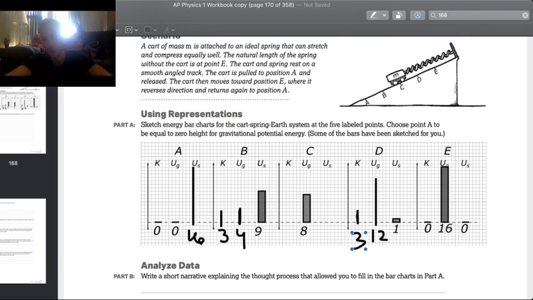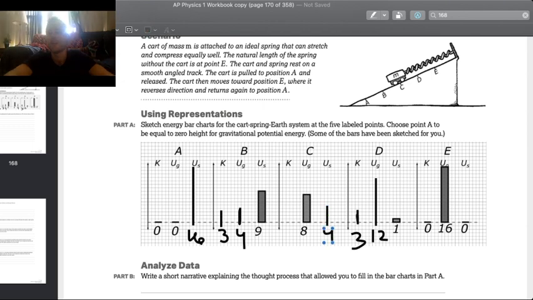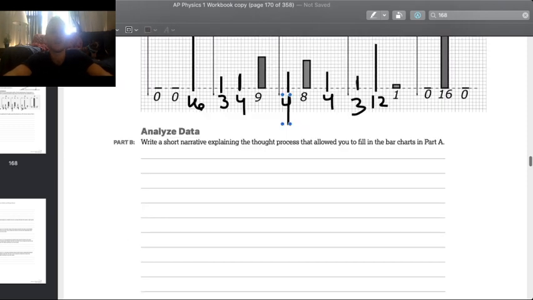So 4 times 1 is just going to be 4. So the amount of elastic potential energy is 4. And then the remainder of the energy is going to be kinetic. So that would also be 4 of kinetic energy. So there you have it. I just explained it in words, so I'm not going to type it all out.